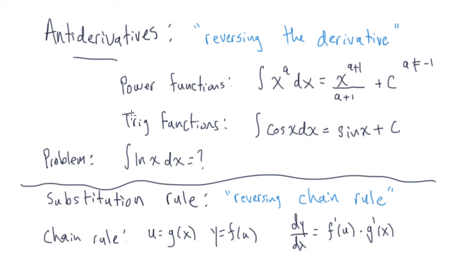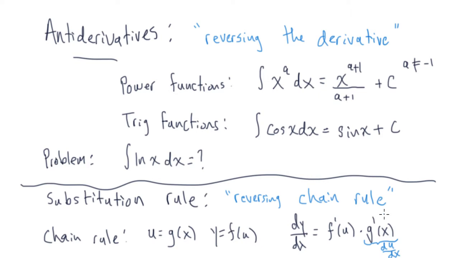So the idea behind the substitution rule is if I ever recognize inside an integrand something that looks like the derivative of something that's being composed with another function, then I should just be able to reverse or repack up the chain rule.